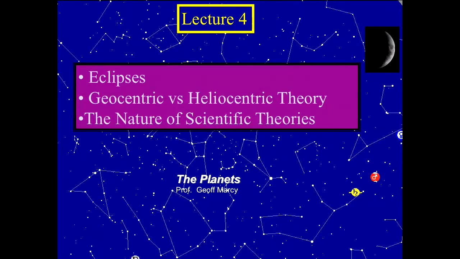And I'll tell you that the theme of today's lecture, while we talk about the motion of the moon around the Earth, the Earth about the sun, and all the other planets about the sun, the real question is not how the solar system works mechanically like some sort of a machine, but the real question really for all of you is, how did we humans figure out how the solar system works, how one thing moves relative to another?